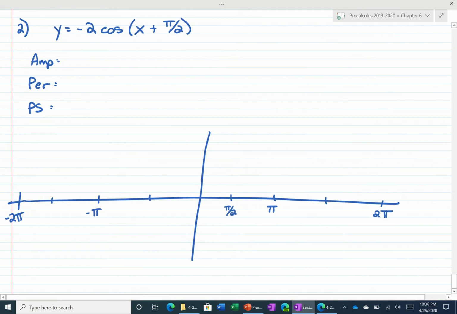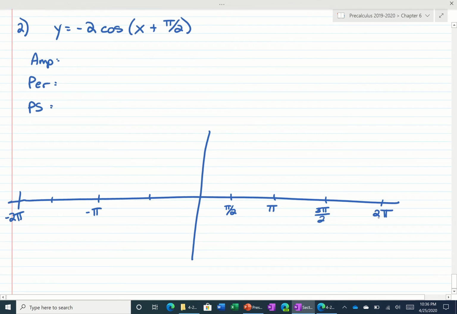That's pi over 2. This would be 2 pi over 2. This would be 3 pi over 2. This would be 4 pi over 2. And we could fill it in the other side too. You might get a little uncomfortable with radians, but eventually over time, you'll get used to it. Okay, so let's make a table now.